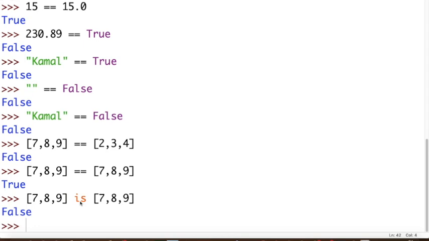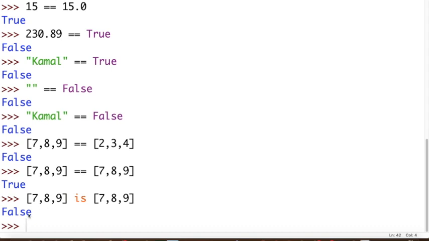Or rather we can say that it is used to compare the L value of the objects, meaning location values of the object. Hence, these two lists 7, 8, 9 and 7, 8, 9 are created in two different locations, and hence they are not equal location wise. So this comparison results in false.